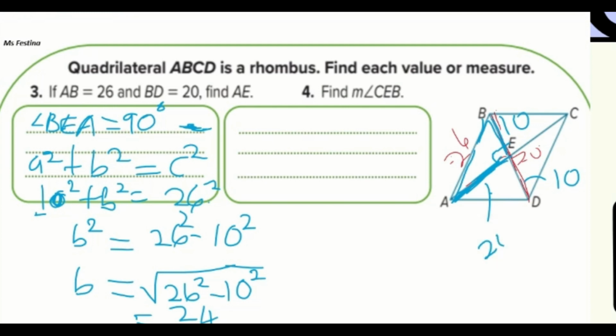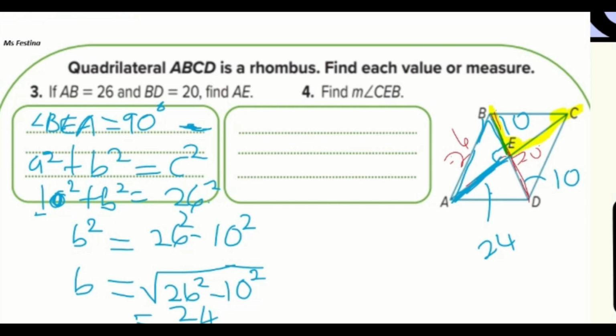So this is 24. And then they want you to find an angle. Let me use maybe yellow. Angle CEB, from here to there. So they want this angle right here.